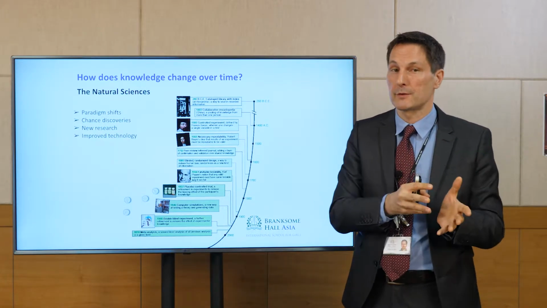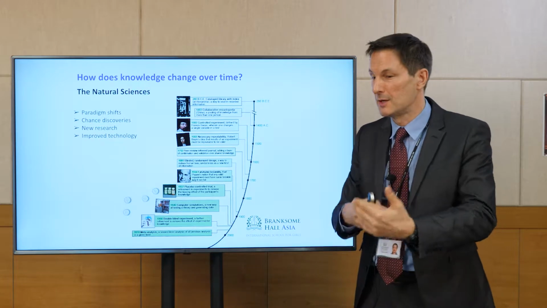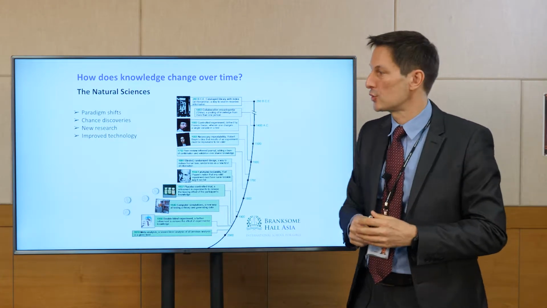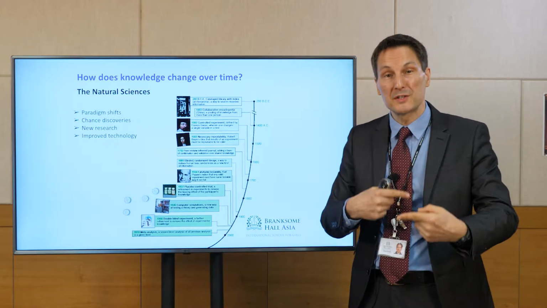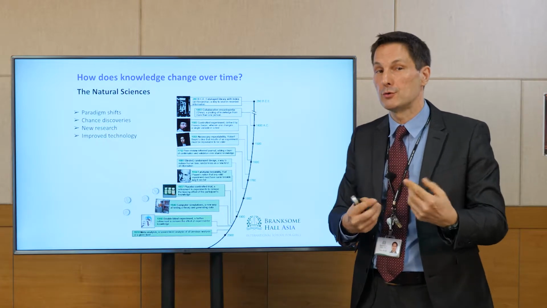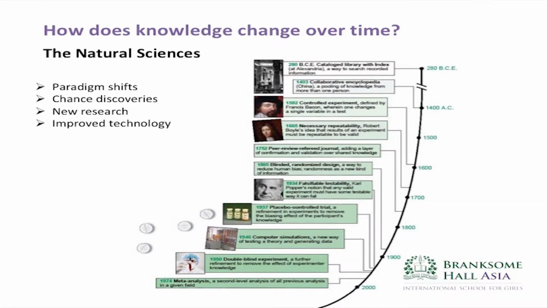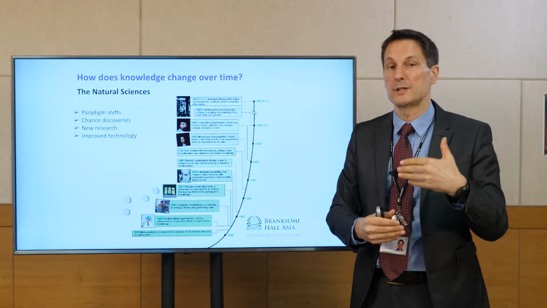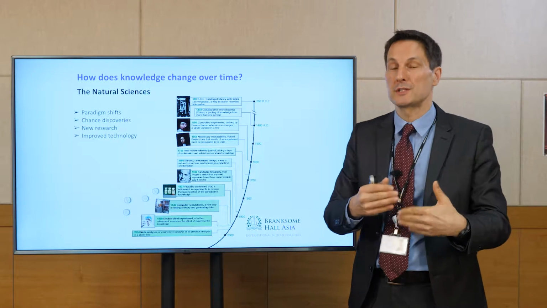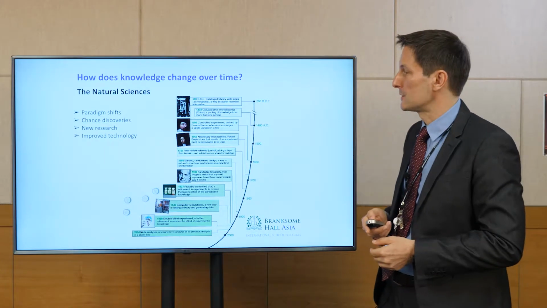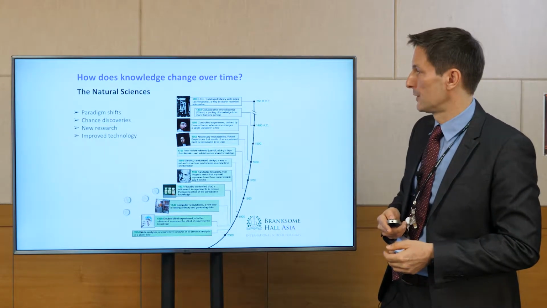So it's not just about the scientific method, but sometimes a scientist will discover something by chance. We'll talk about new research and how that gets peer-reviewed by all the scientists in the community. And also talk about the role of technology in helping to bring greater certainty and greater reliability to the experiments that science and scientists do.